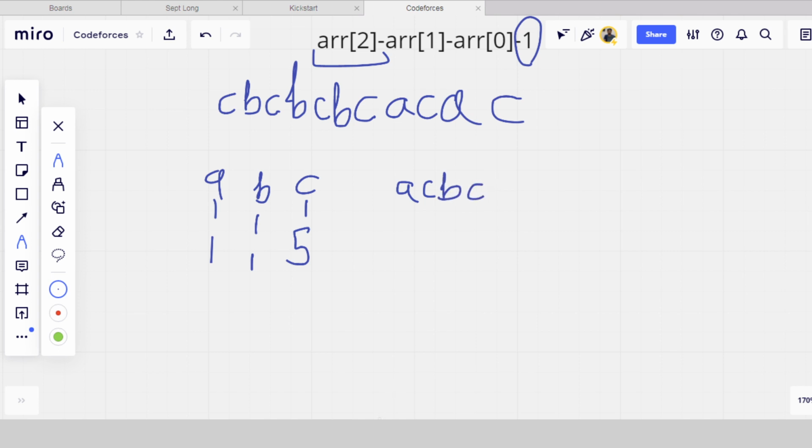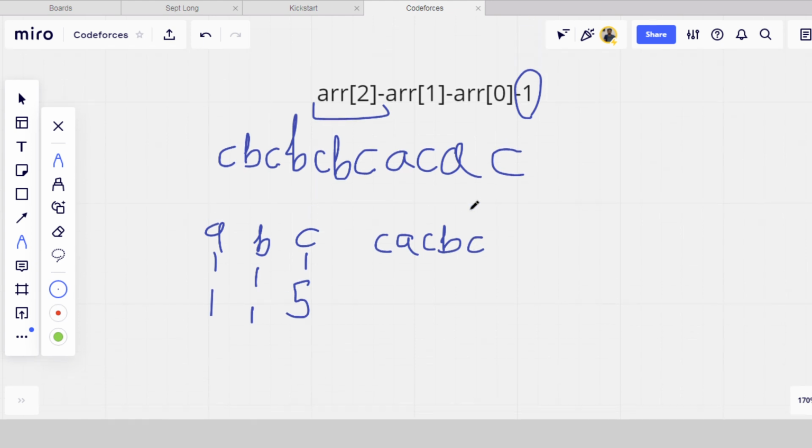Then 3 C's are left. So we will place 1 C here. Then also 2 C's are left, and that is what I am trying to say. That is your answer. When you place 2 C's here, then 2 adjacent pairs are formed. So you can only make a minimum of 2 adjacent pairs.